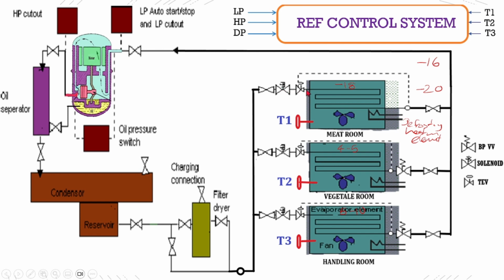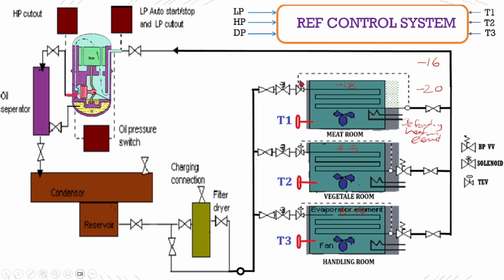but still there won't be any gas flow because this solenoid is kept shut by the refrigeration control system in its last cycle. As the room reached minus 20, the refrigeration control system shut down this solenoid valve. Right now, as it has reached minus 16, the refrigeration control system receives that signal, so then it enables this solenoid valve.